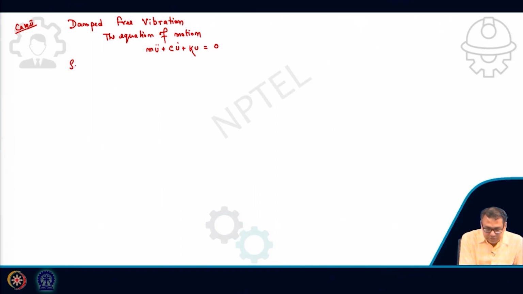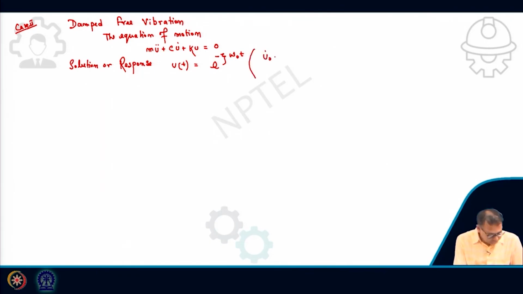Now the solution of this equation, or response, u(t), is equal to e to the power minus damping ratio into omega 0 t, within bracket u0 dot plus damping ratio omega 0 u0 divided by omega d into sine omega d t plus u0 cos omega d t.